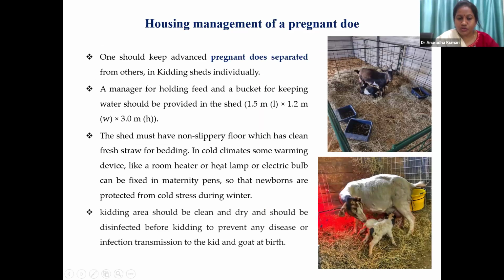The floor of the kidding pen should be non-slippery, provided with sufficient bedding material, mainly in the cold season, to prevent hypothermic loss in the kid. The kidding shed should be kept clean, dry, and well disinfected before bringing the advanced pregnant mother to the shed, to prevent the transfer of infectious disease from the environment to the young one and mother.